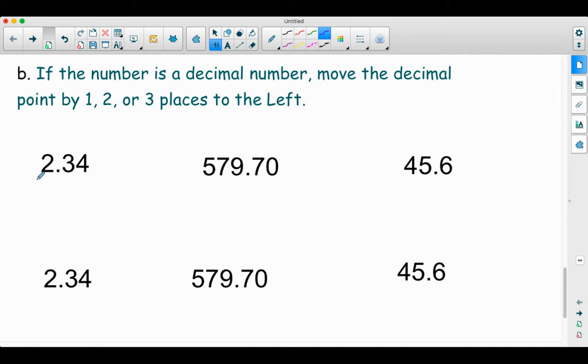If we are dividing 2.34 by 10, then we are going to move the decimal point, which is right here, 1 place to the left. So that will give us 0.234.